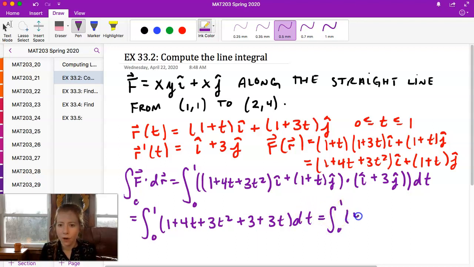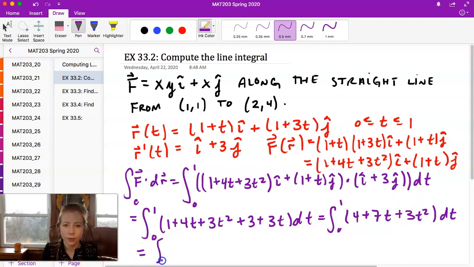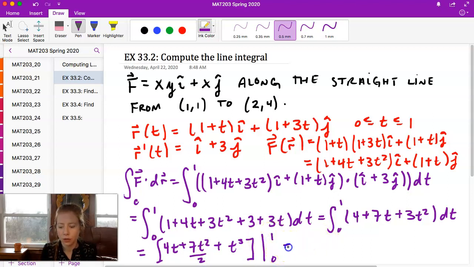And we get 4 plus 7t plus 3t squared dt. Okay, so let's integrate. So we end up with 4t plus 7t squared over 2 plus t cubed. And we're going from 0 to 1. And you get 8 plus 7 plus 2 over 2, which is 17 over 2.